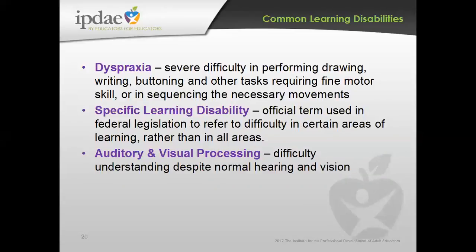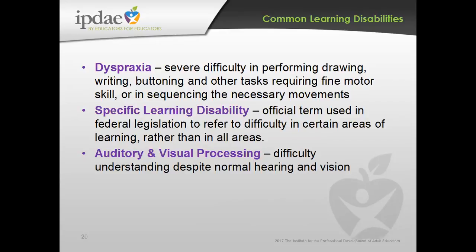Okay, moving on. And here are others. Dyspraxia. Dyspraxia is performing hand and finger movement, drawing, writing, buttons, other fine motor skills, and the sequencing involved.